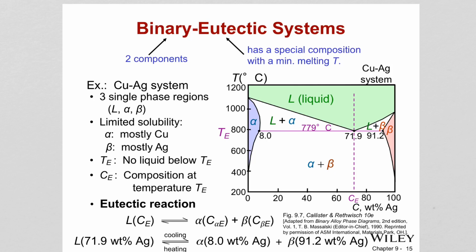Okay, so for this composition, you draw your tie line and then go here and read 8% as the alpha composition and 91.2% for the silver composition. Okay, so this intersection is 91.2. Okay, that's it. But the liquid composition was this one, which is 71.9.